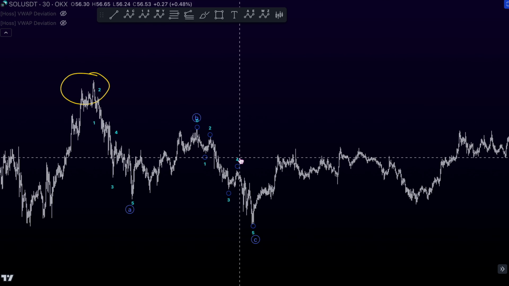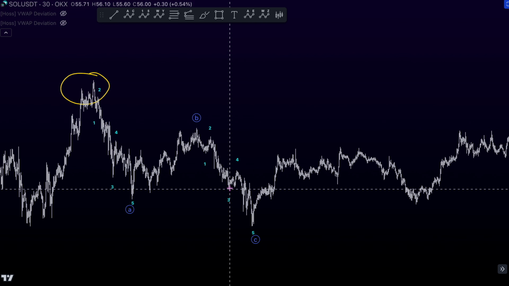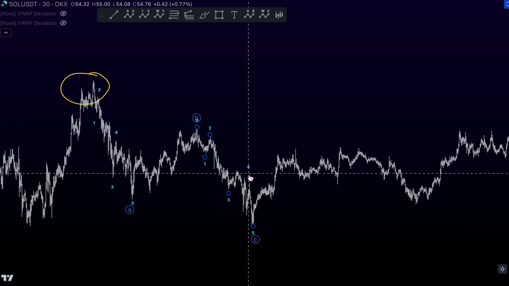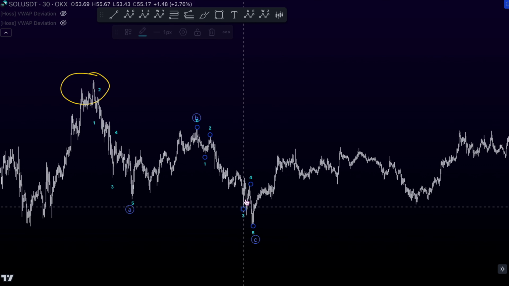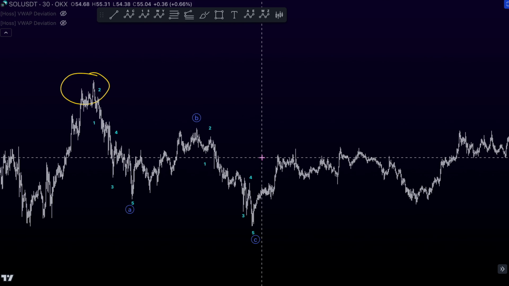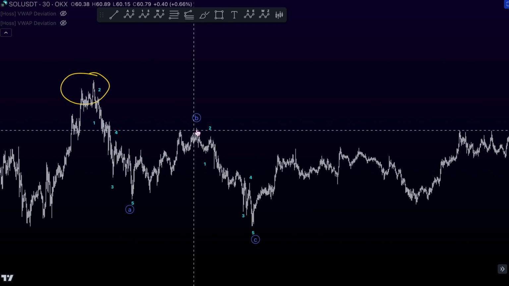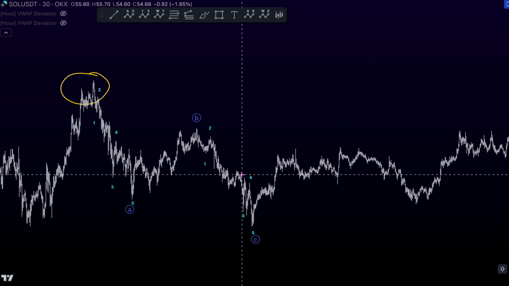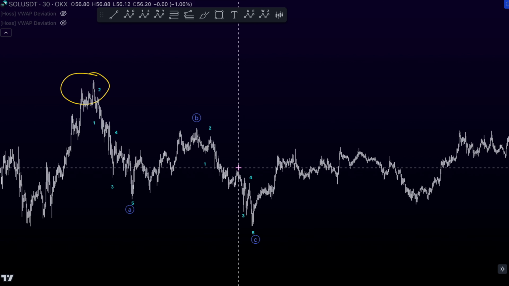Now you can argue if the third wave is here and the 4 here, or here. Both are possible, both are valid scenarios. That's just not the problem, but something where the Elliott wave theory gets more complex, because often there are more possible scenarios which lead to the same outcome short term, but can possibly change something in the long term.